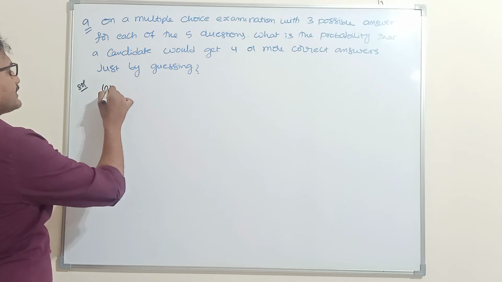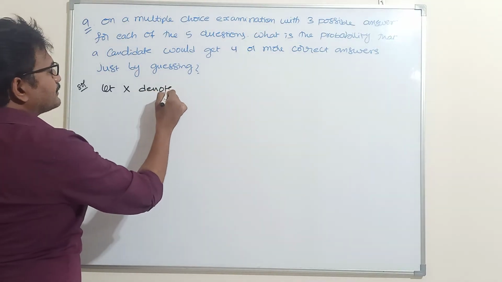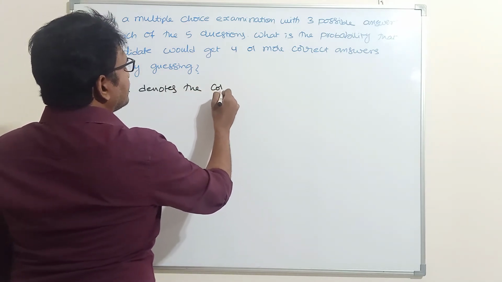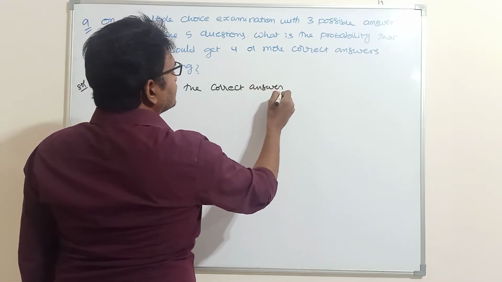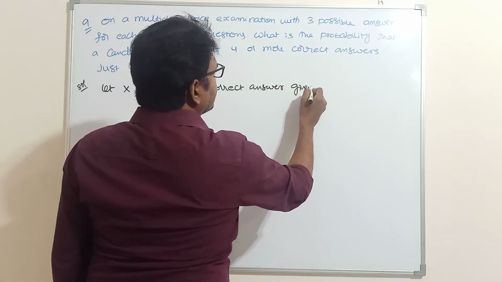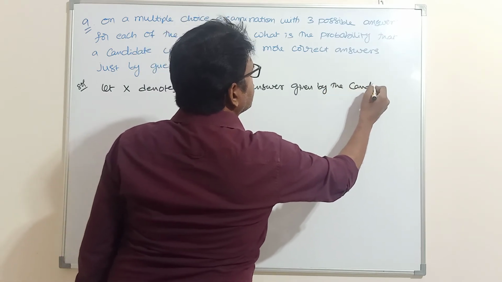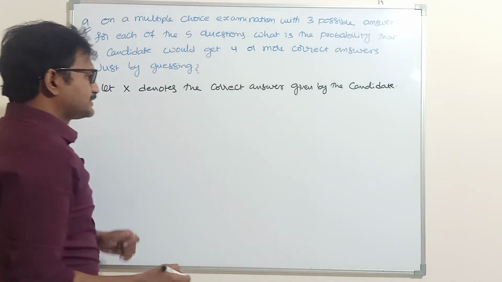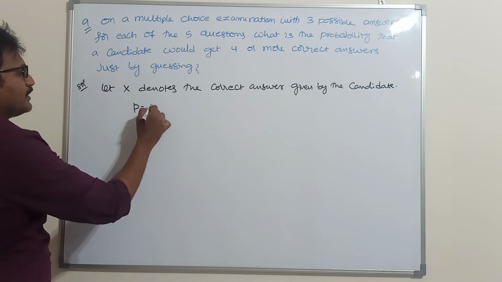Here let X denote the random variable, the number of correct answers given by the candidate. Next, P, the probability of success.